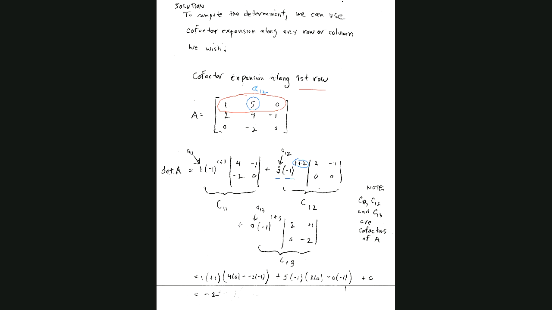Well, this 5 is the second entry. No problem. And keep in mind that the 5 is located in the first row and the second column. So if we cross out the first row and the second column, we're left with 2, -1, 0, and 0.